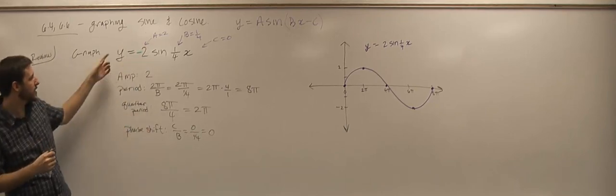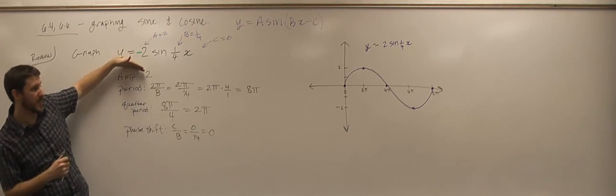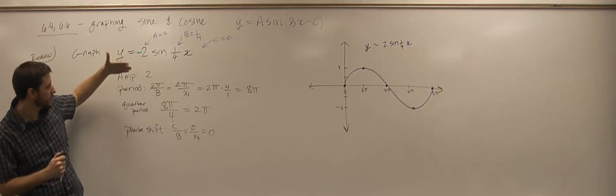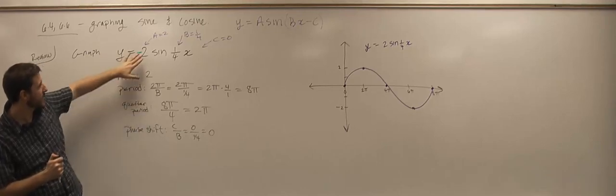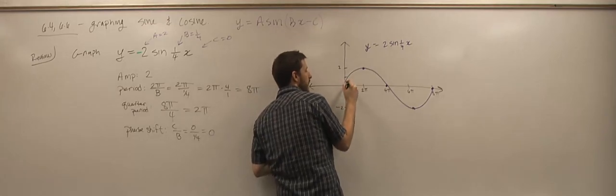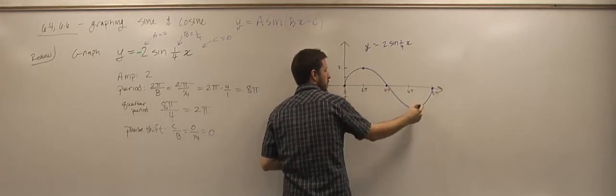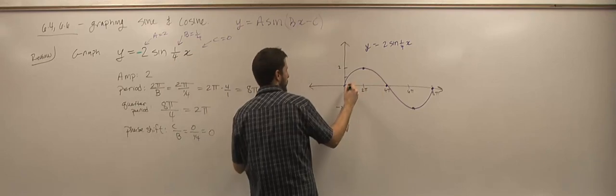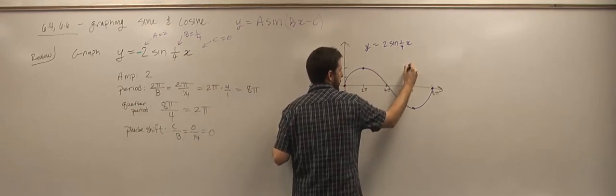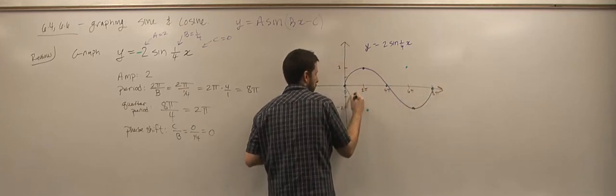So the amplitude is still 2, because the amplitude is always the absolute value. And the period doesn't change, and nothing changes except the shape of the graph is going to be reflected. So instead of going 0, max, 0, min, 0, if you have a negative in front, you're going to go 0, min, 0, max, 0.